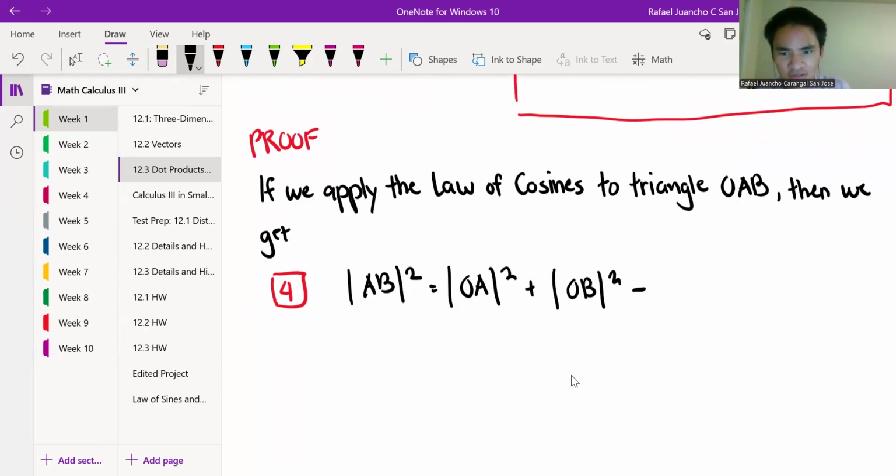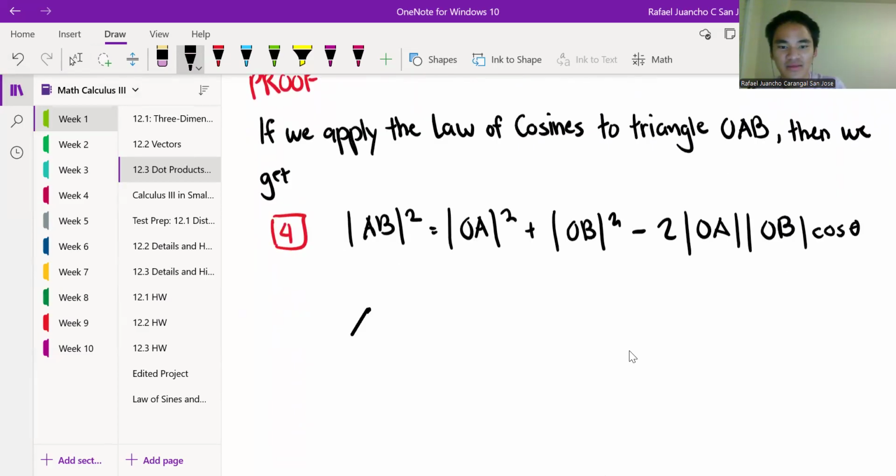And then we continue this proof where we do 2 times the length OA times the length OB cosine theta, because that's the law of cosines. We have c squared equals a squared plus b squared minus 2ab cosine of c.